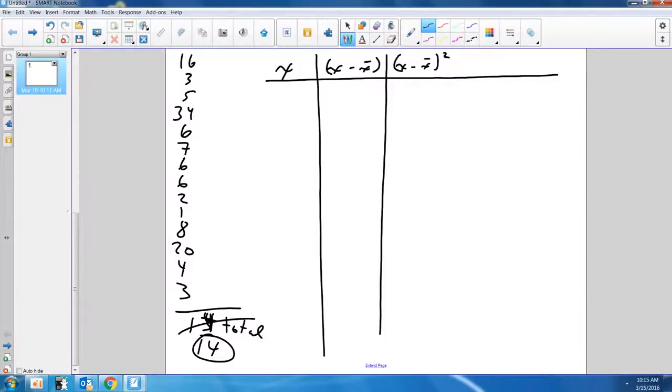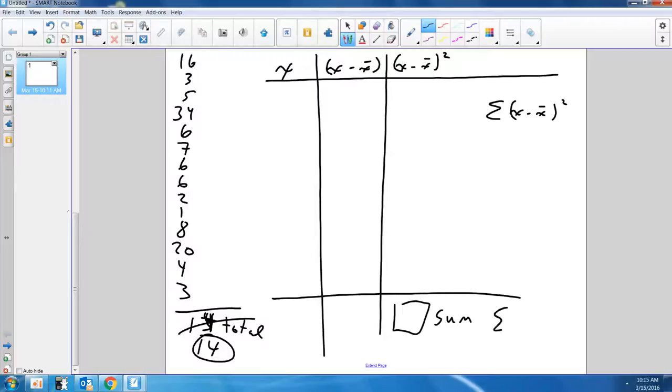And when I do this and get an answer, this is going to be the sum of that column, because what I'm really calculating is the sum of x minus x bar squared. That's what I should write down here.